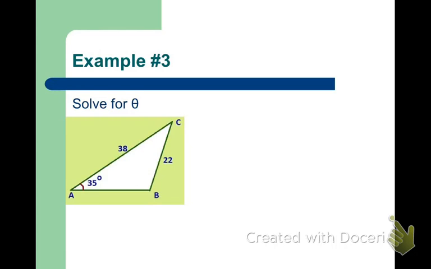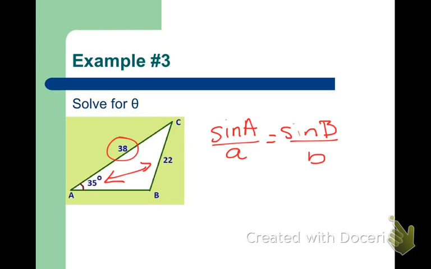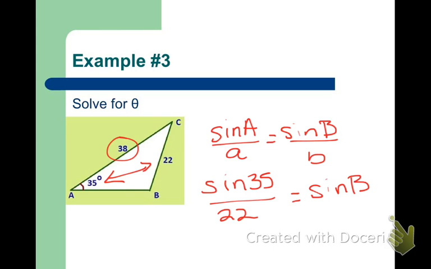One more case where now we're going to solve for the angle. So I'm going to do sine of A over A, because I know both of those. The other side that I know is across from B, so I'm going to do sine of B over B. When I fill in the information, I get sine of 35 over 22 is equal to the sine of B, which is our unknown, over 38.